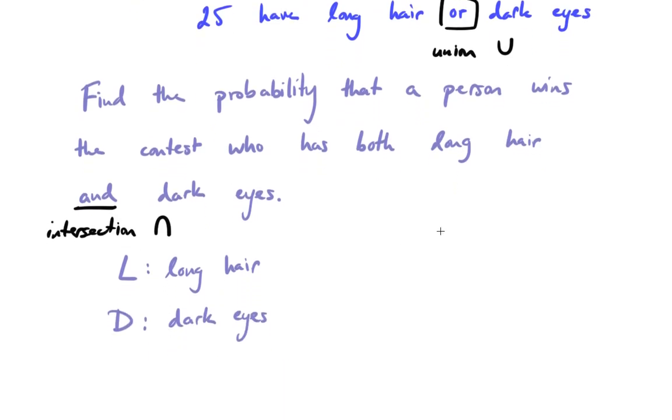If we let L be the event that the person who wins has long hair, and D the event that the person who wins has dark eyes, we want the probability of L and D. That's what this is asking us: find the probability a person wins the contest who has both long hair and dark eyes. So this is what we want.